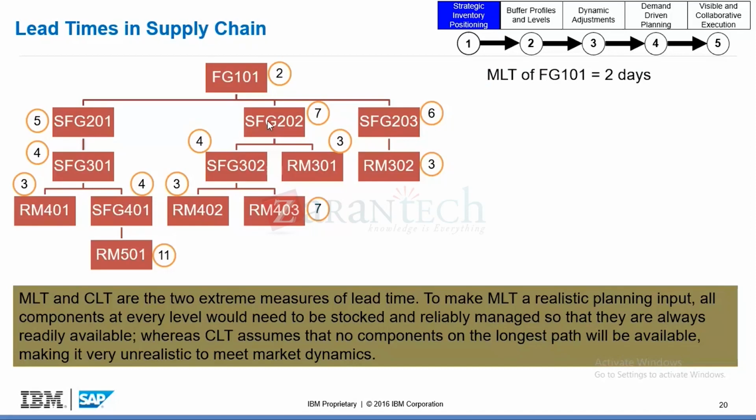We have the manufacturing lead time for the finished good as 2 days. So cumulative lead time for FG is 26 days. In the circle, these are the days. That is the maximum time. We have to go through this chain.